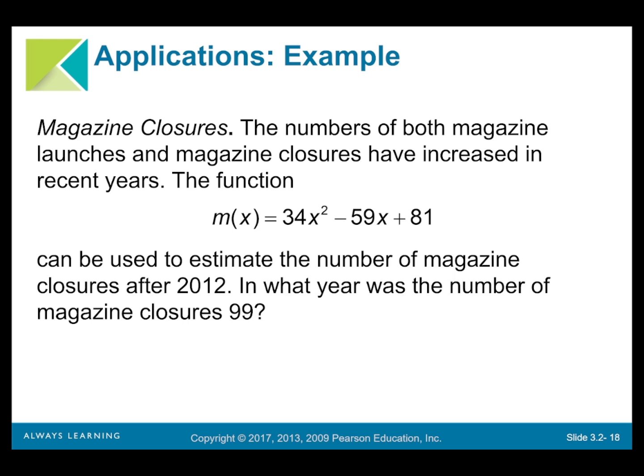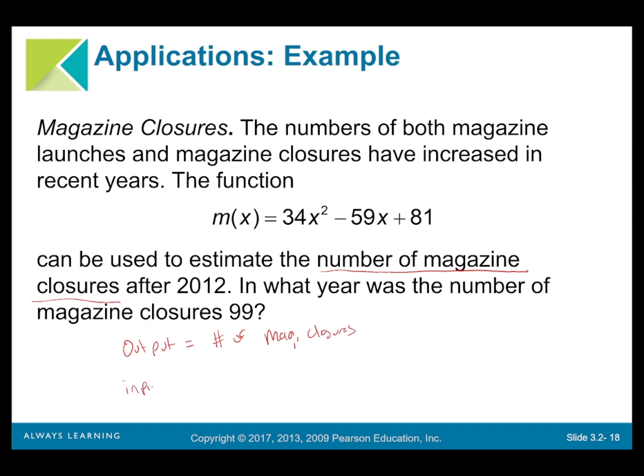First, we want to think about what is our input and what is our output here. This function says it estimates the number of magazine closures after 2012. So our output is certainly the number of magazine closures.